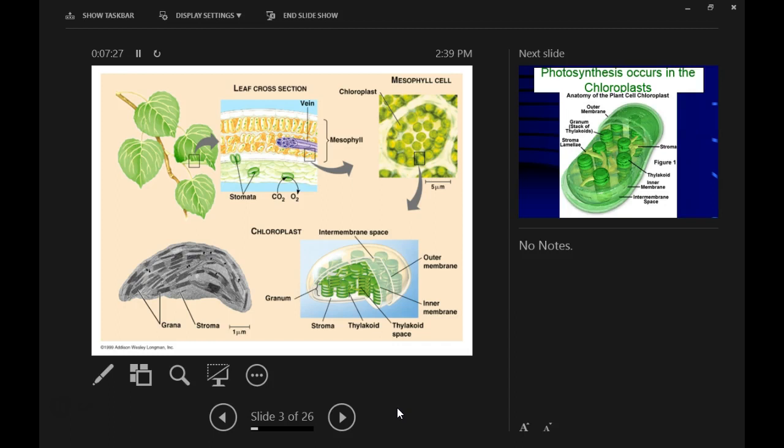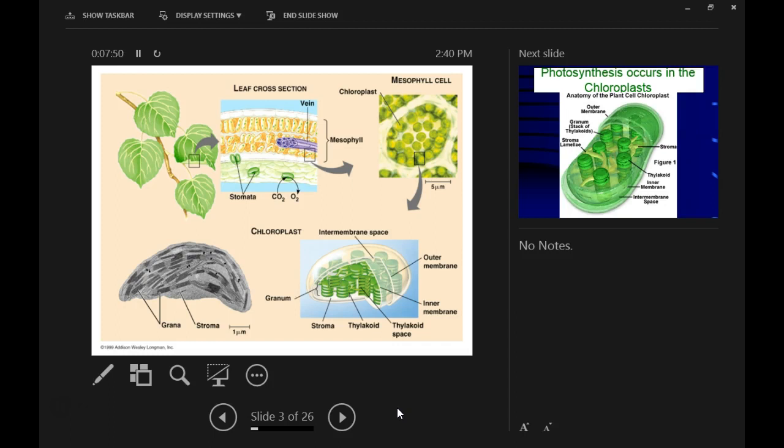They have an outer membrane and an inner membrane. We just have a couple of organelles that are like that, the nuclear envelope and the mitochondrion. And we know about the prokaryotic heritage of these chloroplasts. It's sort of a cell within a cell. That's a good way to think about a chloroplast.